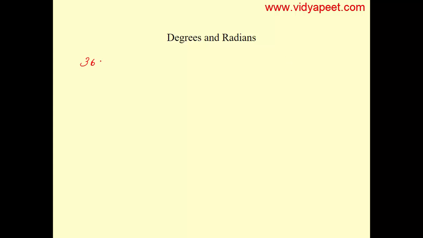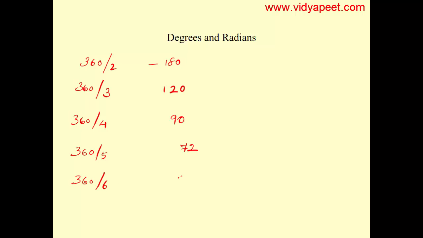So 360 divided by 2 is 180, 360 divided by 3 is 120, isn't it? 360 divided by 4 is going to be 90, and 360 divided by 5 you will get 72, right? 360 divided by 6 is 60, and 360 divided by 8 of course 45 degrees, and 360 degrees divided by 9 equals 40.